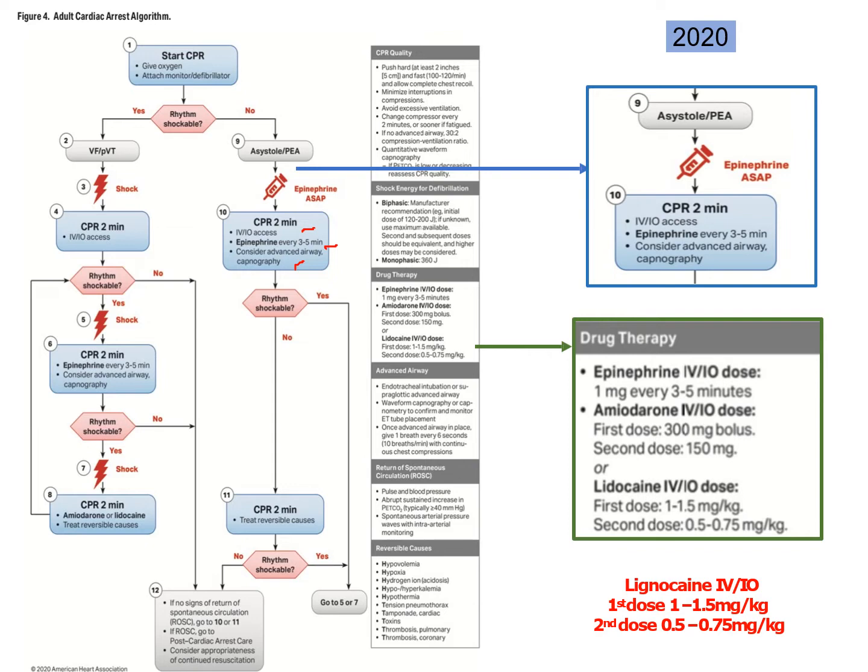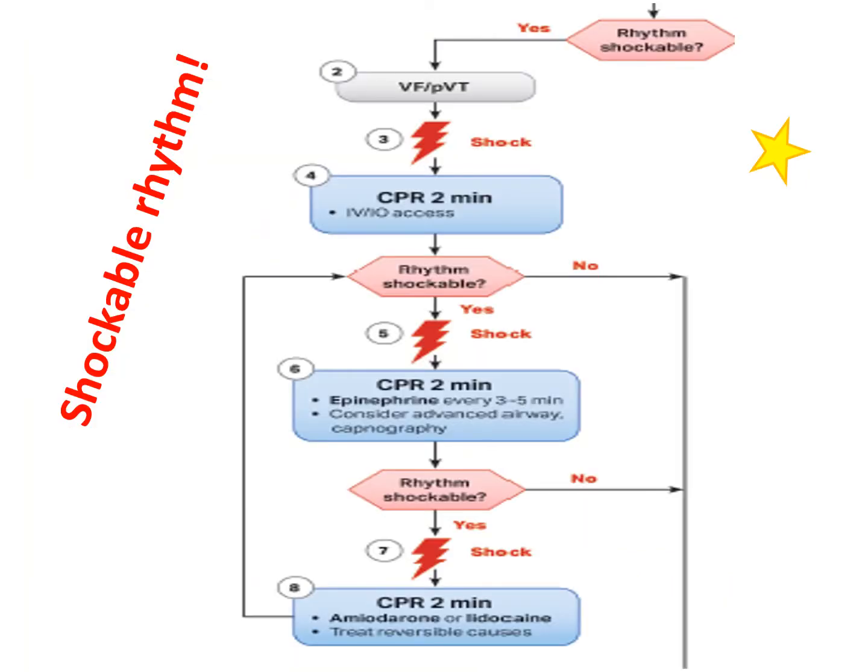What do you need to do if you find out when you analyze the rhythm there is pulseless VT or VF, which are shockable rhythm? Just now, after you assess that patient is unresponsive, no breathing, and you initiate chest compression, and after you analyze the rhythm, you might find that the patient might have VF or pulseless VT.